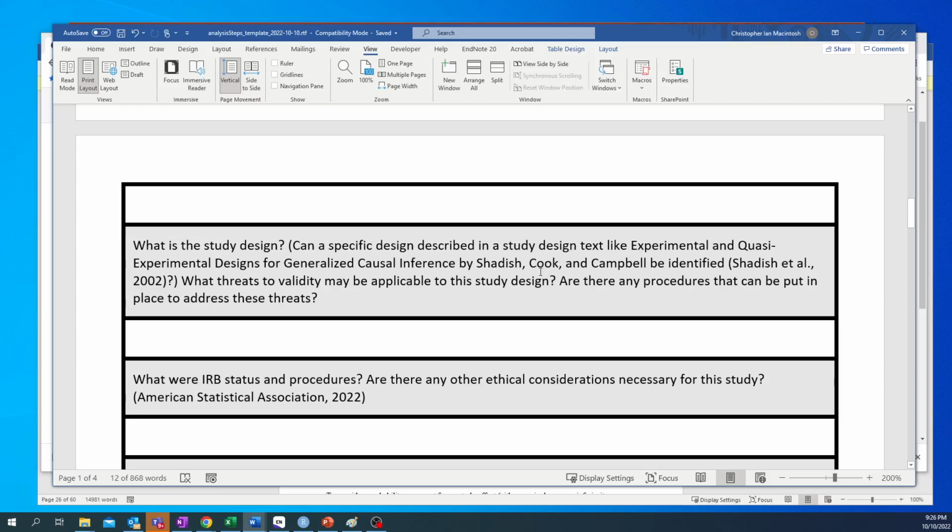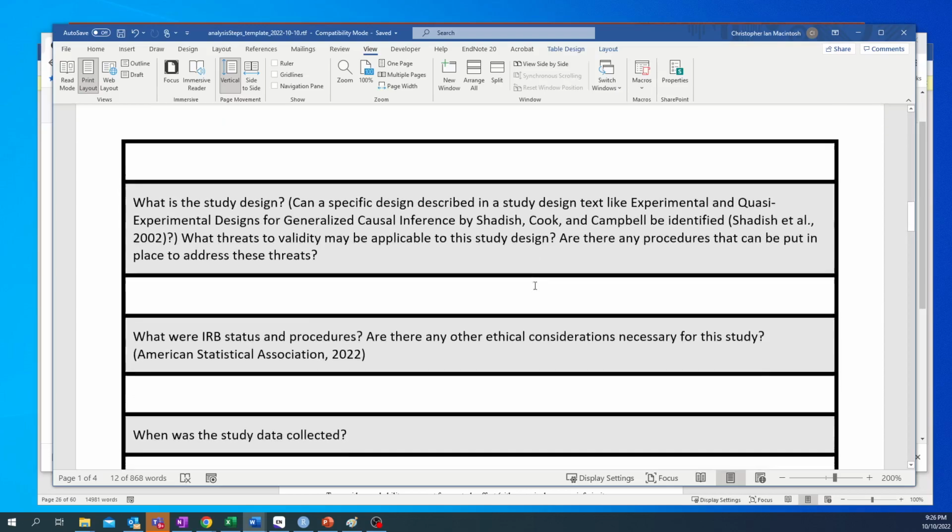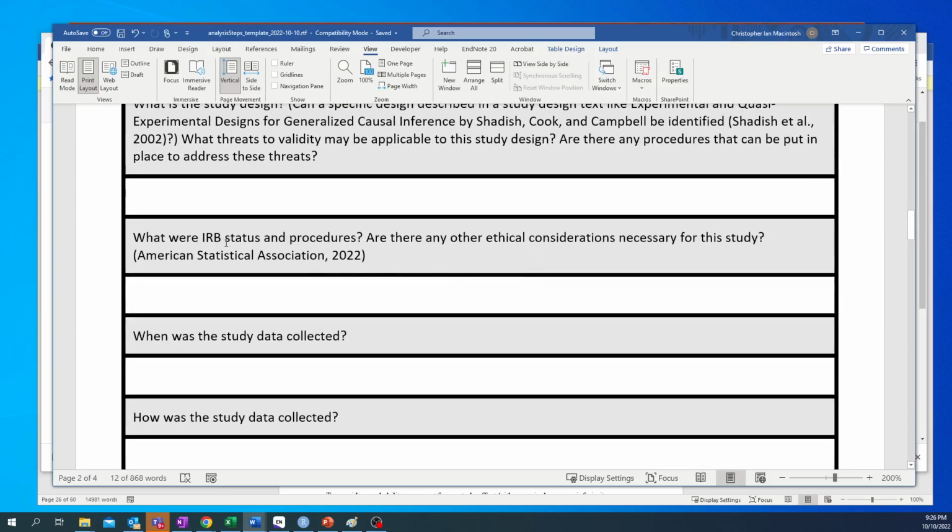Again, if you're going to actually analyze data, it's a good idea to identify a study design because that helps you identify the strengths and weaknesses of a particular study design and what inferences can or can't be drawn by using that study design.